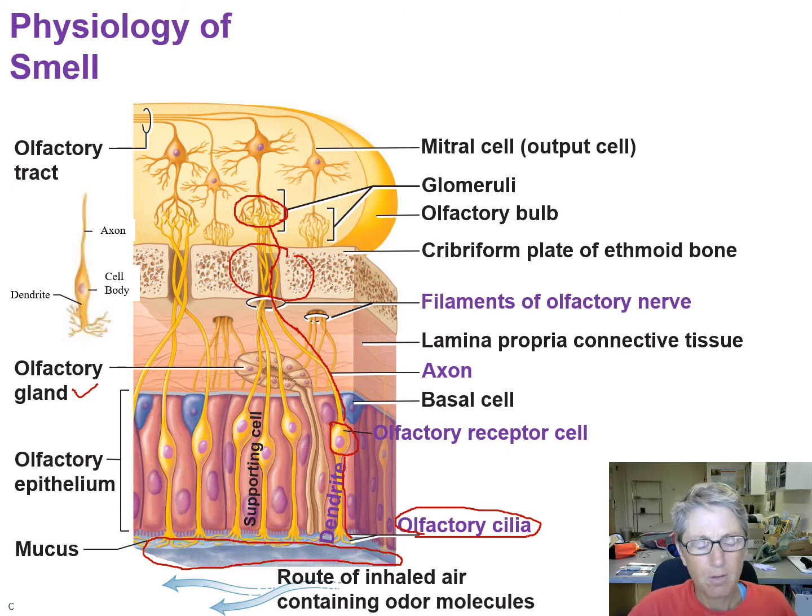There's other cells in the olfactory epithelium, so this whole panel here shows olfactory epithelium. In addition to these olfactory receptor cells, you have these basal cells, which are stem cells, will help replace the olfactory receptor cells, and will help replace these things called support cells or supporting cells.